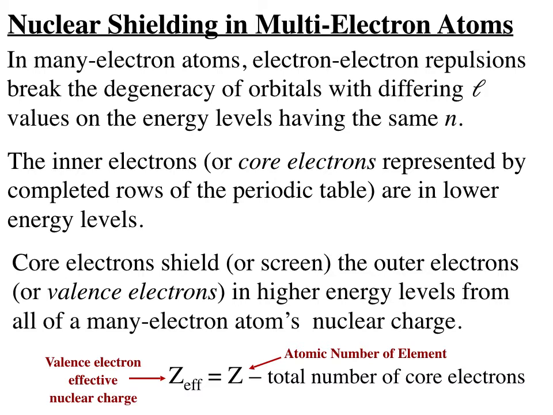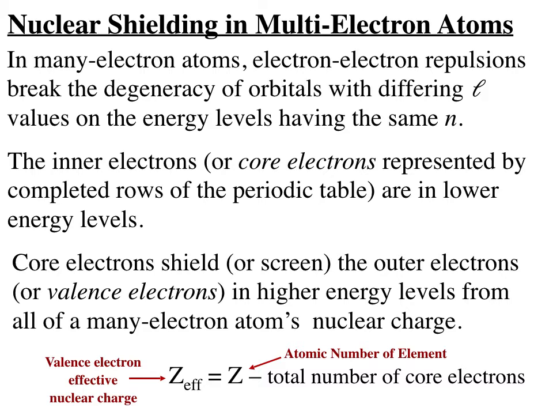So then what we will say then is we will define something called the valence electron effective nuclear charge. For all electrons on the valence level, we say that that is equal to Z effective, and it is equal to Z minus the total number of core electrons, where Z is the atomic number of the element.